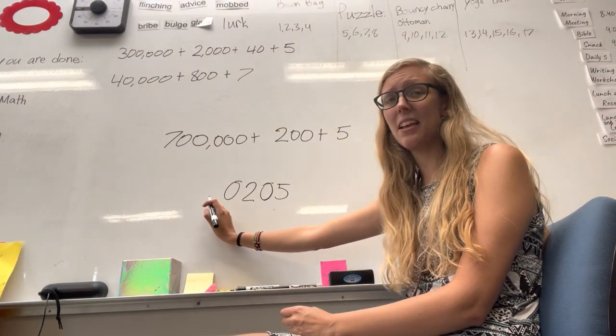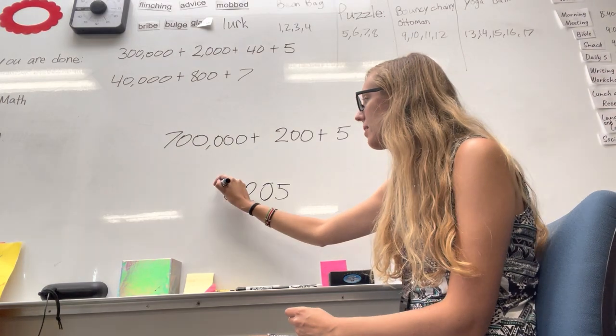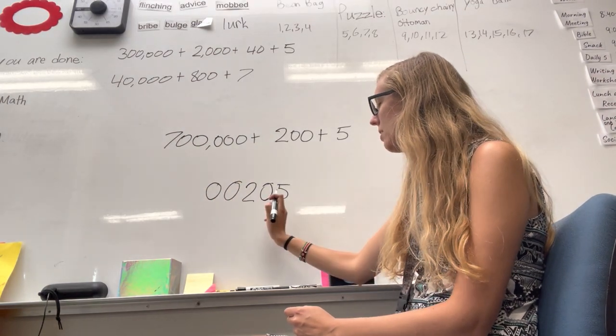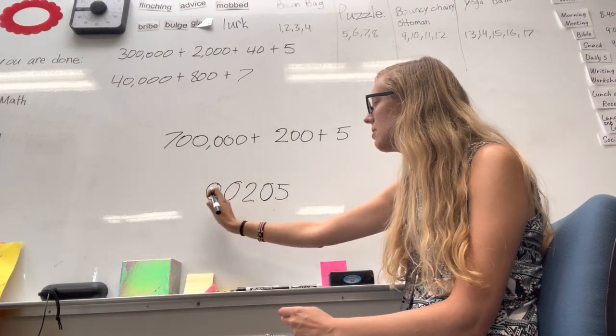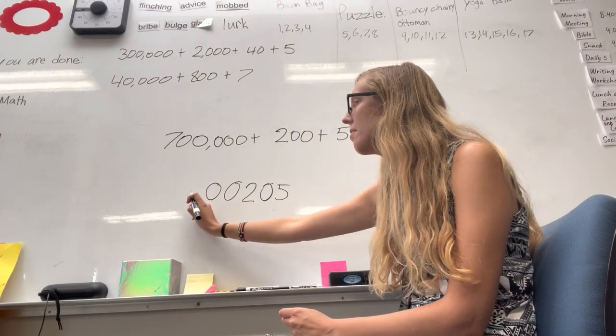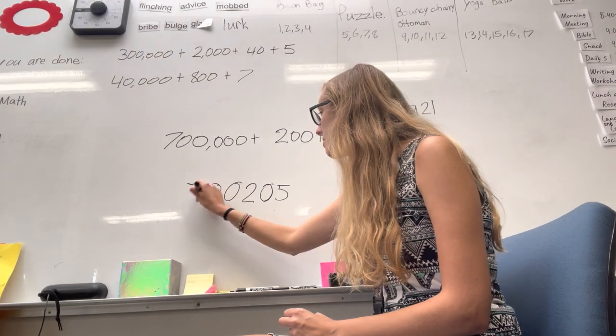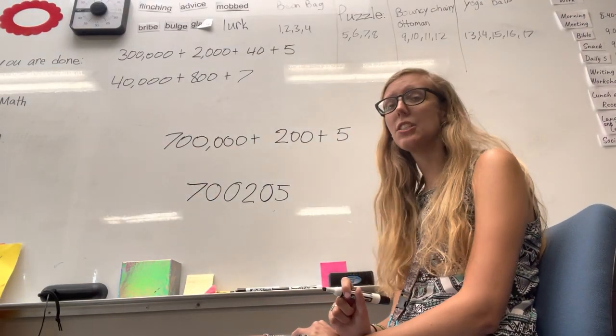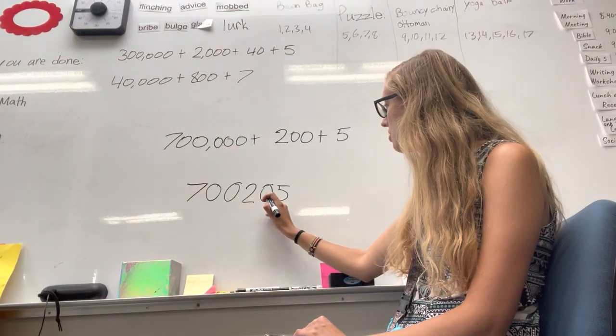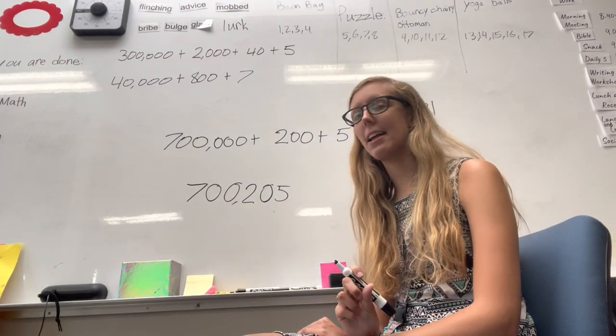I don't see anything in the 10,000s place either, so I have to put a 0. Ones, tens, hundreds, thousands, 10,000s, 100,000s. Oh, there's a 7 in the 100,000s place, so I can put a 7 there. Then I just need to count and put my comma. 1, 2, 3, comma, just like that.